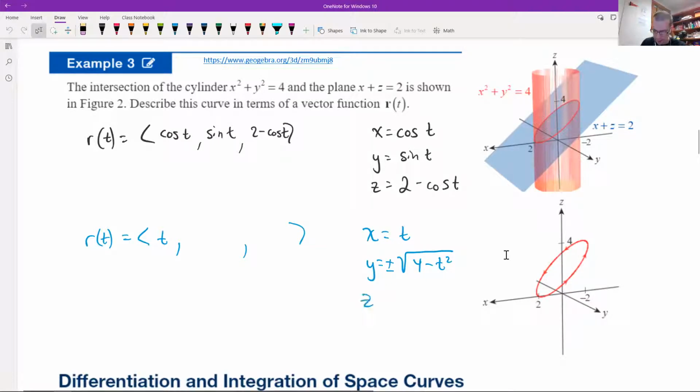If we were going to complete this though, just for the sake of trying it, this part would be nicer because z would just be 2 minus t. So it is possible to come up with alternate parameterizations. It's just some of them are more elegant than others. Let's take a look at these.